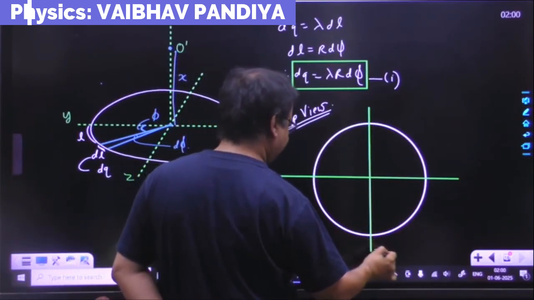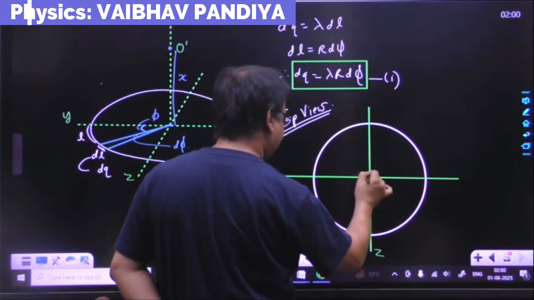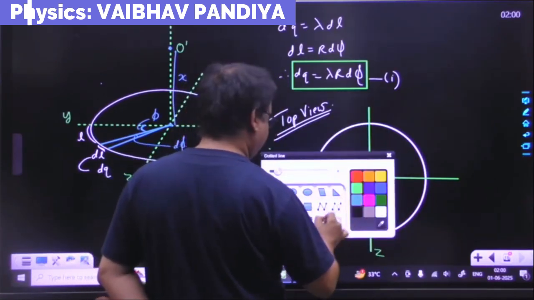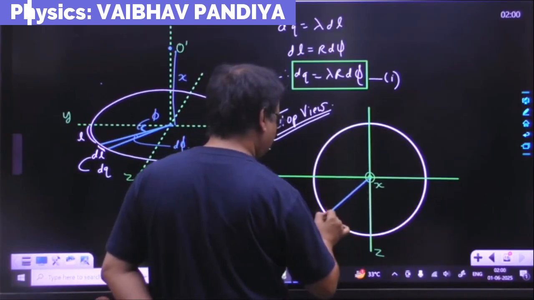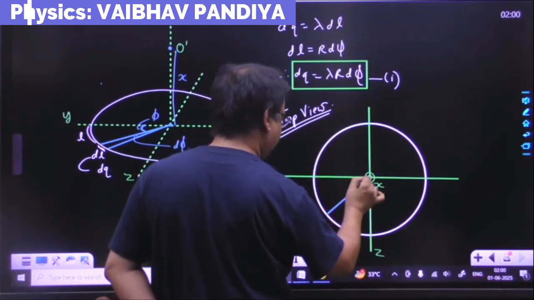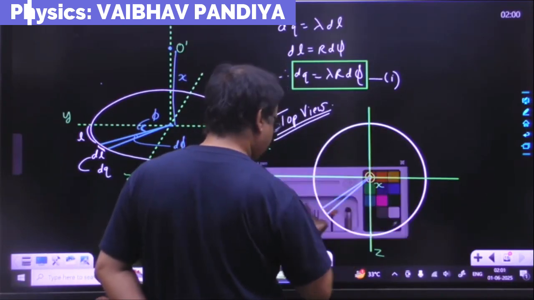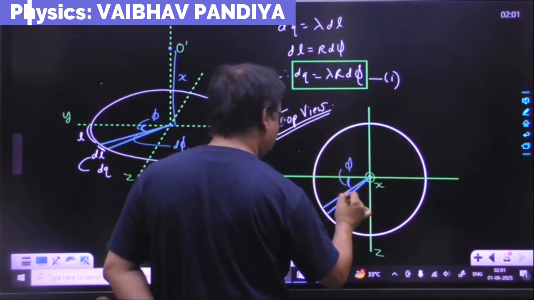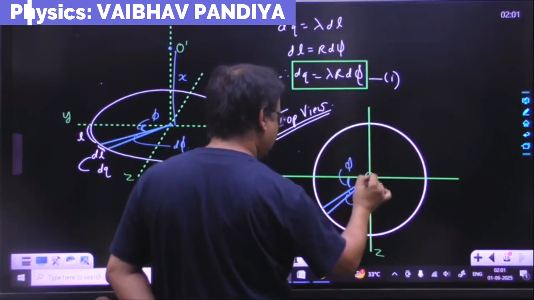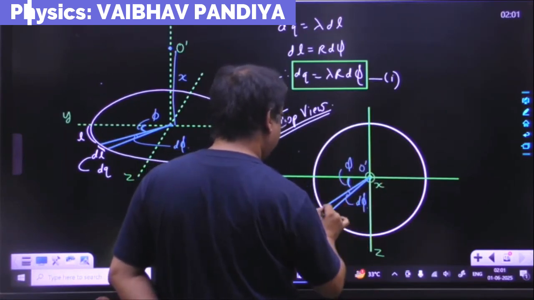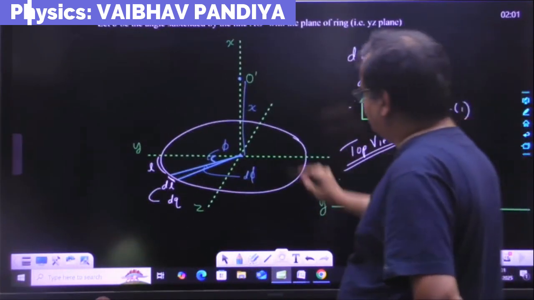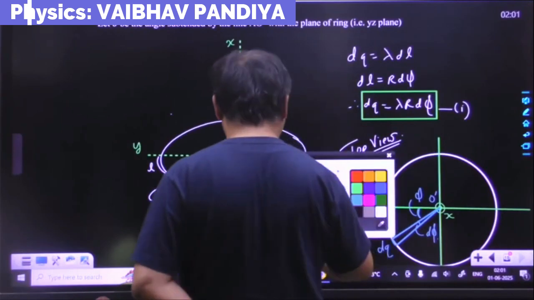This is the y-axis, this is the z-axis, and the x-axis will come out of the plane of the paper, and this is your elemental charge with azimuth phi and angular width d phi, and this is the point O dash, and this charge is dq. So what do you think? This dq will make a field at O dash. Let the field be dE.